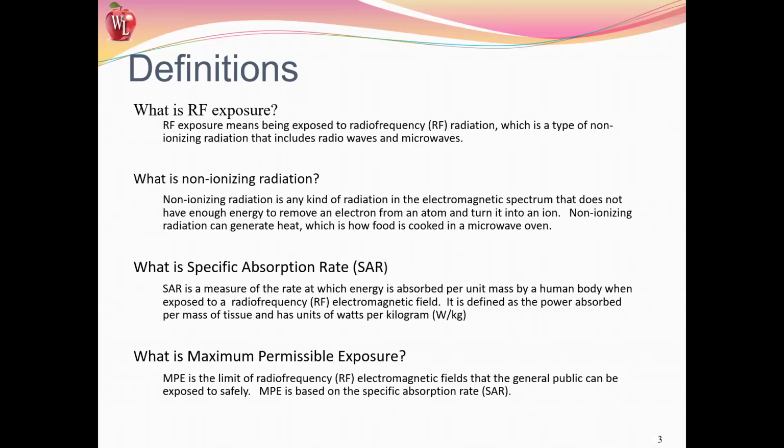How much is an RF source going to warm your tissue? And then we'll look at maximum permissible exposure, or MPE. It's a limit of the radio frequency electromagnetic fields the general public can be exposed to safely. MPE is based on the SAR requirements.